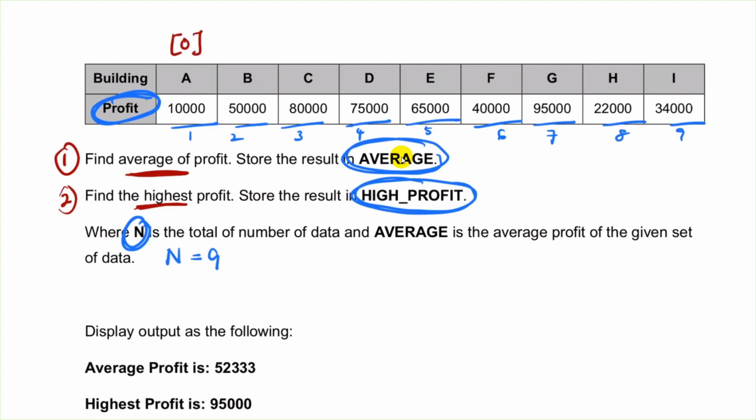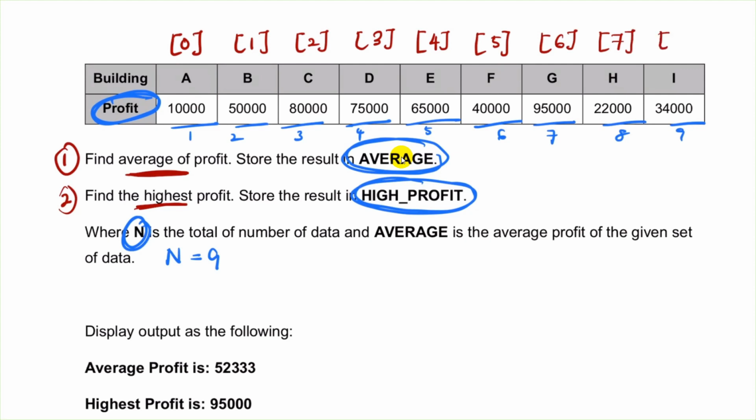Index 0, index 1, index 2, index 3, index 4, index 5, index 6, index 7, and index 8. We have 9 elements with index 0 until 8.